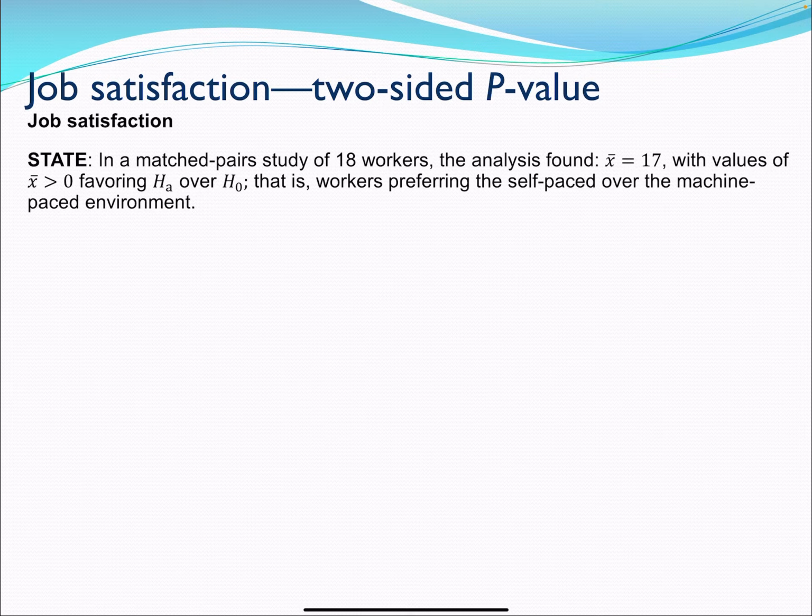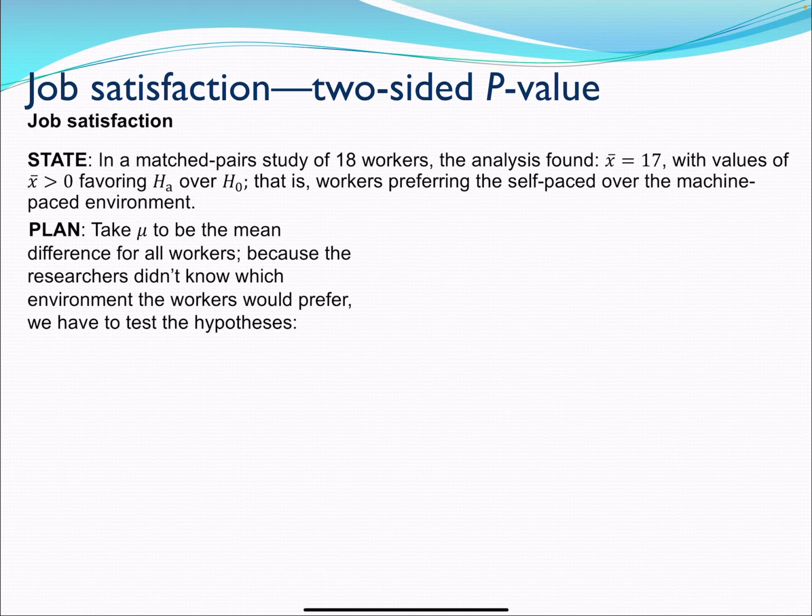But is this enough to reject or fail to reject our null hypothesis? Do workers really prefer self-paced or machine-paced? So we're going to take mu to be the mean difference for all workers. We say that there's going to be no difference, so our null hypothesis is that our mean is 0, but we are hypothesizing that there is a difference.